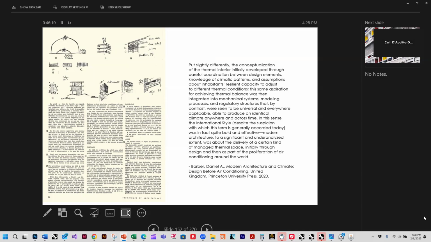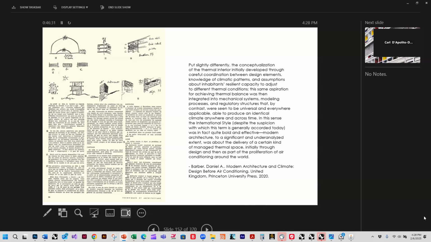In this sense, the international style, despite the suspicion with which this term is generally accorded today, was in fact quite bold and effective. Modern architecture, to a significant and underanalyzed extent, was about the delivery of a certain kind of managed thermal space, initially through design, and then as part of the proliferation of air conditioning."